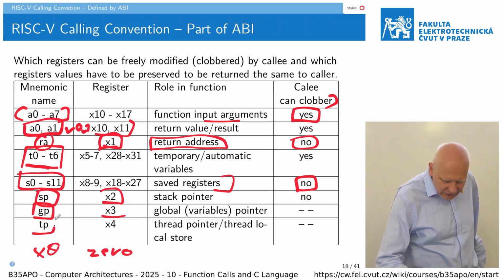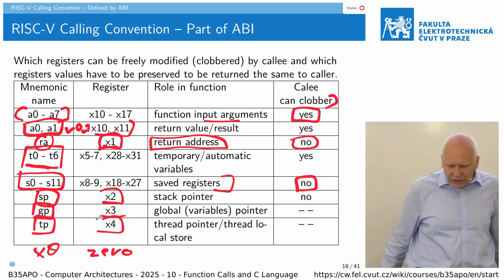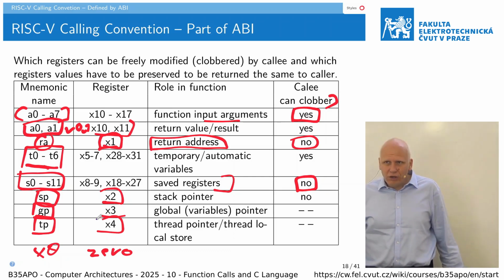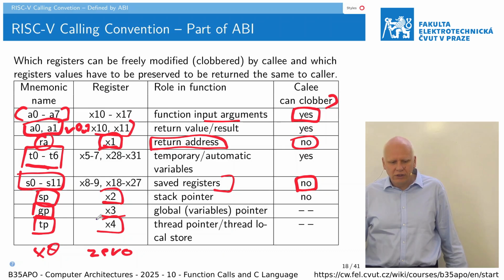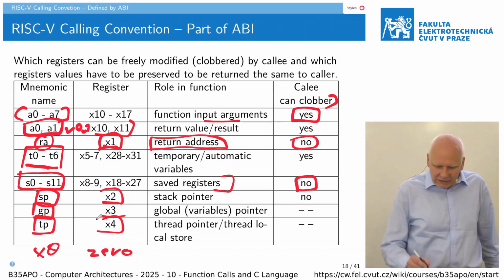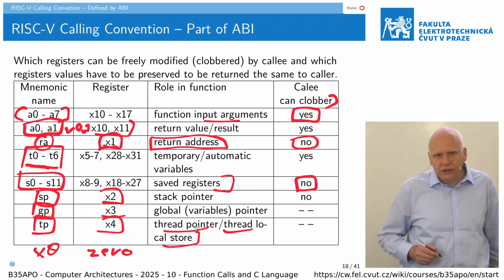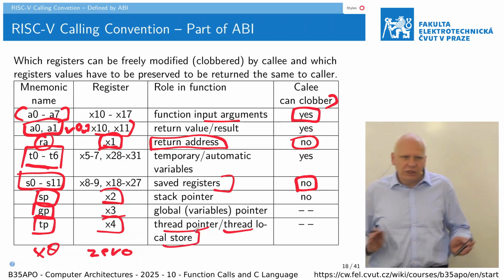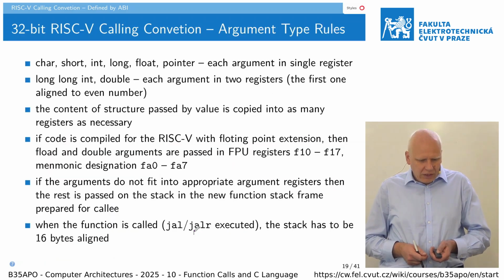And there is even one reserved register which is called the thread pointer. It is for more advanced description and discussion for the operating system, but basically it is a pointer to some thread local storage which is used sometimes in multi-threaded programs.